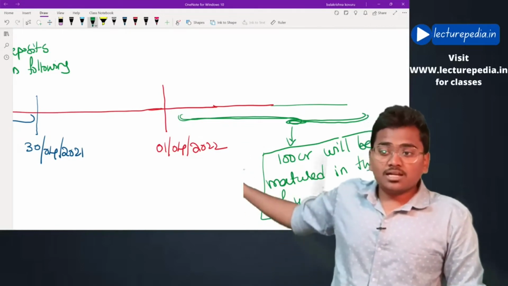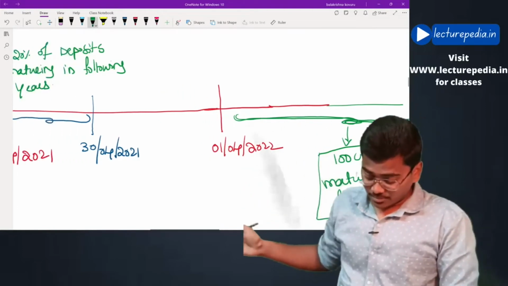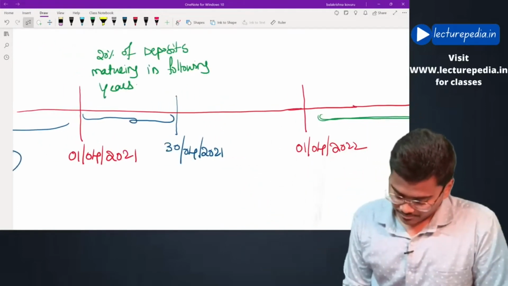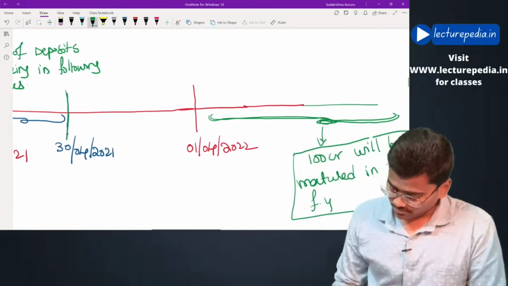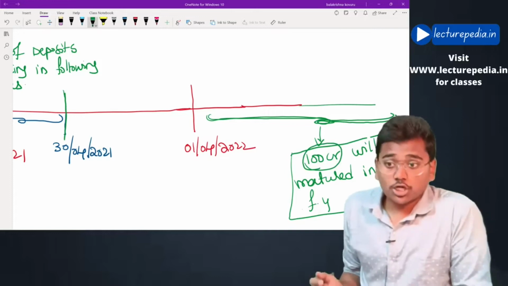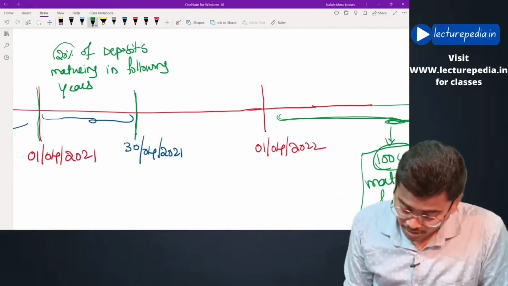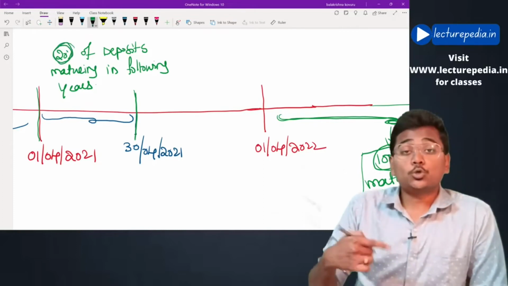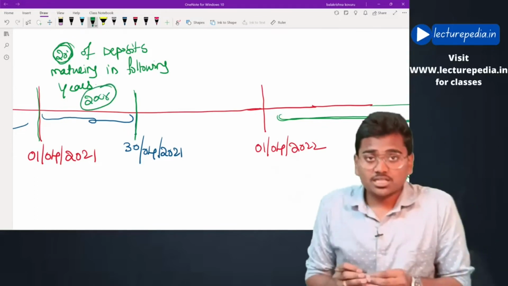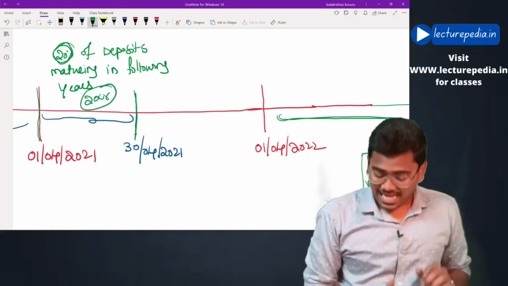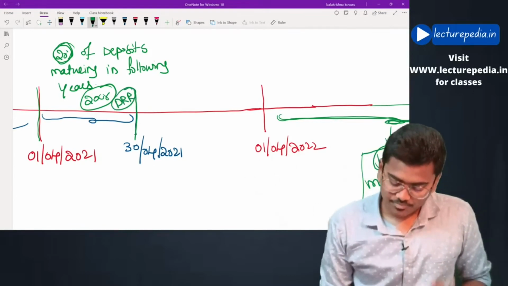Now here 100 crores will have to be repaid in financial year 22-23. Thereby, of this 100 crores which are going to be matured in the following year, 20%, that means 20 crores, at least 20 crores has to be kept aside as deposit repayment reserve. Hope this is clear.